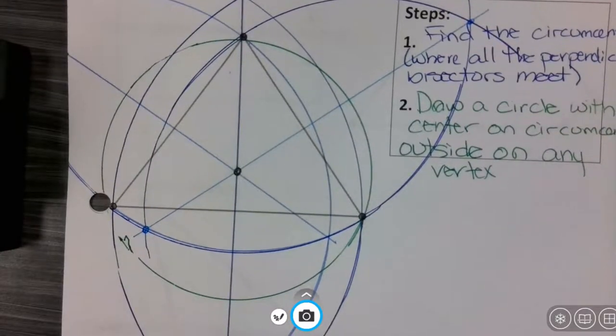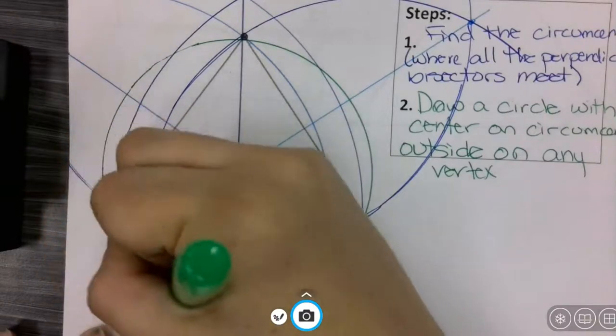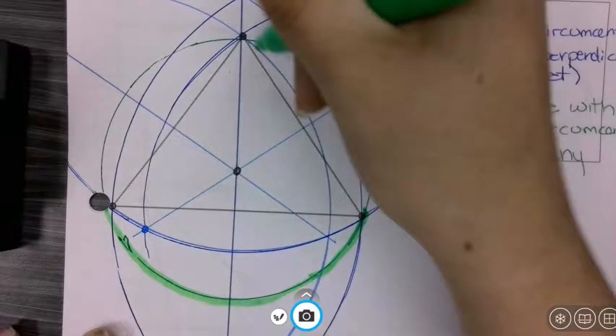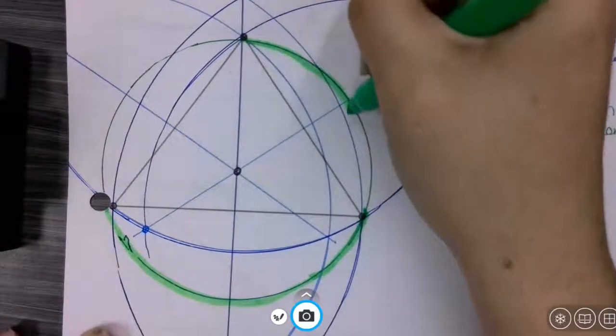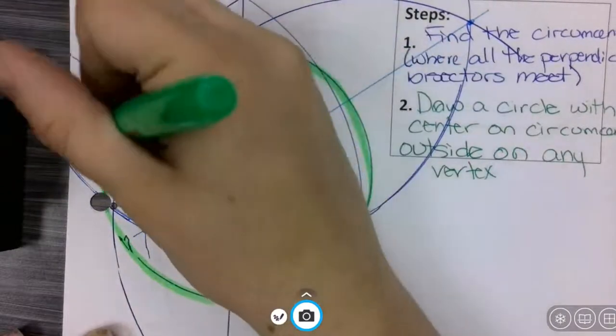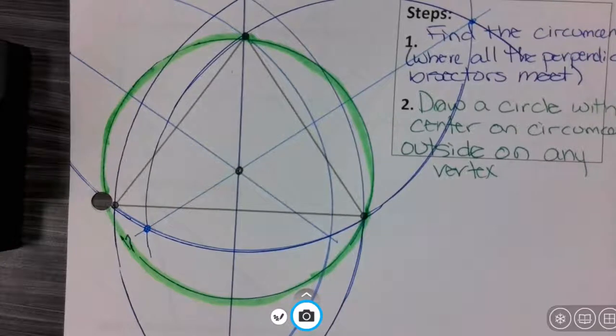I'll highlight it in highlighter. There we go. Questions on circumscribing the triangle?